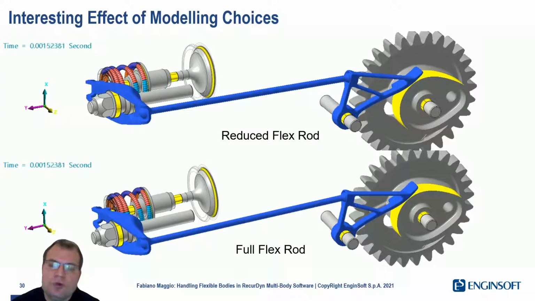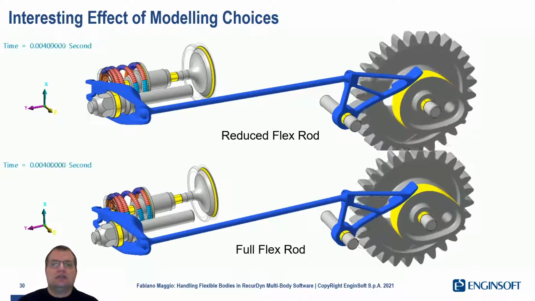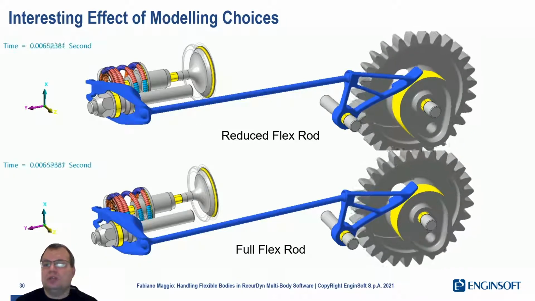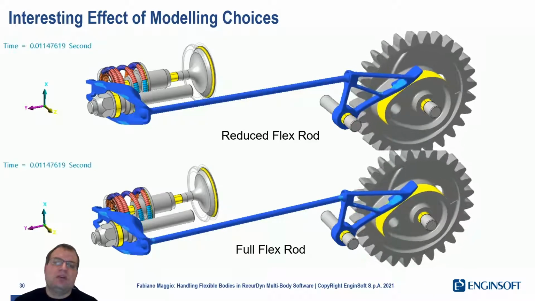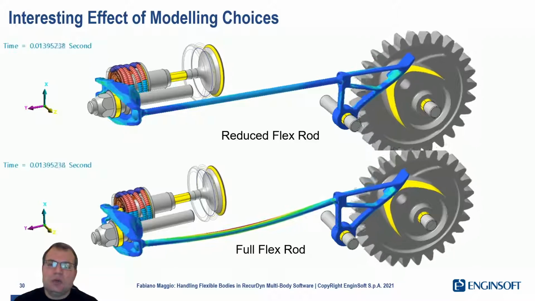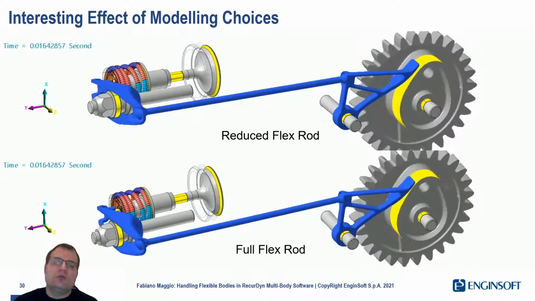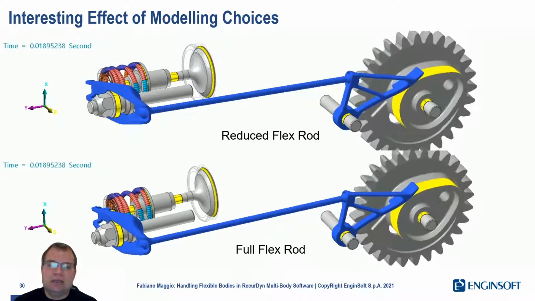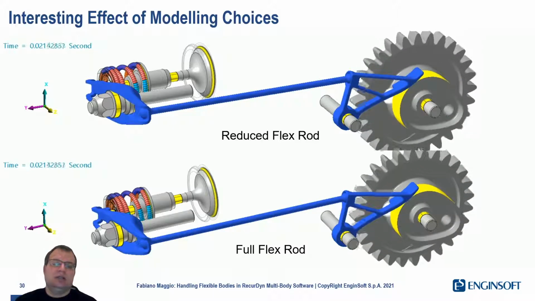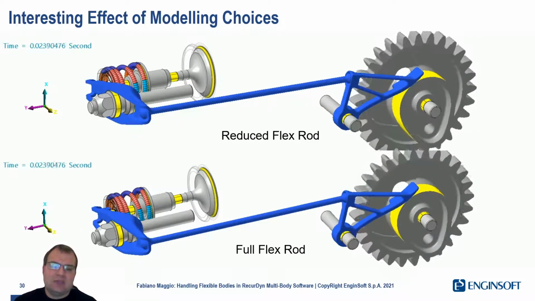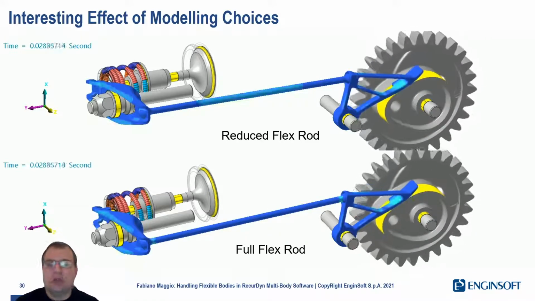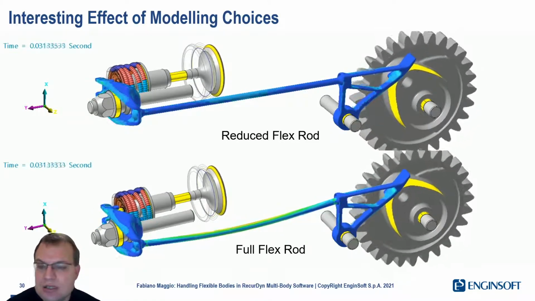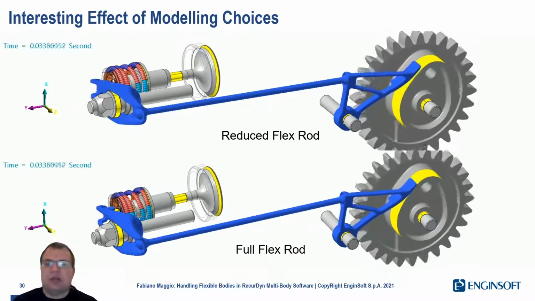As said, we went for the reduced flex formulation for the rod, which is linear. But in this case, the connecting rod is working in a non-linear way, because the buckling load is causing the structure to deflect laterally. And this will happen for sure even in the real engine, because this is a very thin structure.